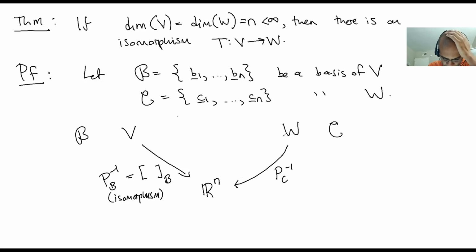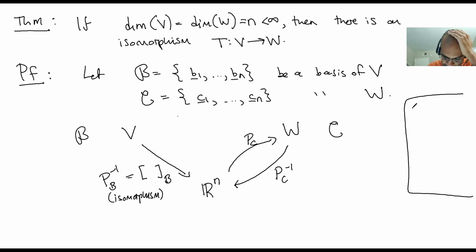And if you wanted to go the other way, what would you do? Just PC. So here are some simple facts about isomorphisms. The inverse of an isomorphism is an isomorphism. That's because its inverse is the original transformation.